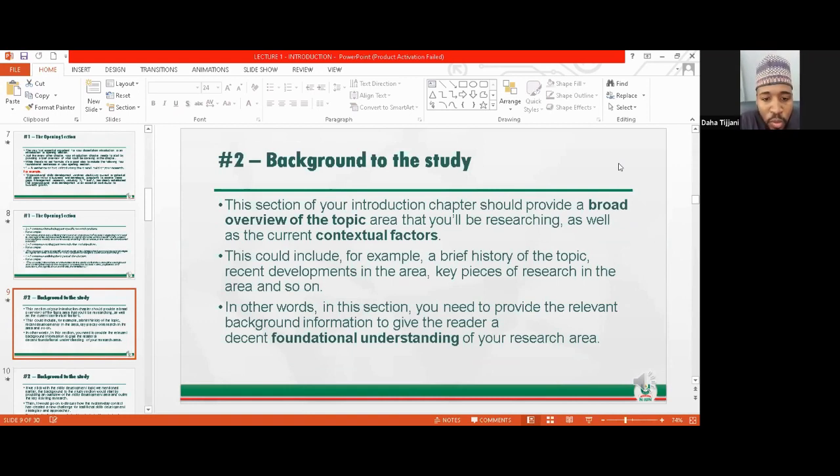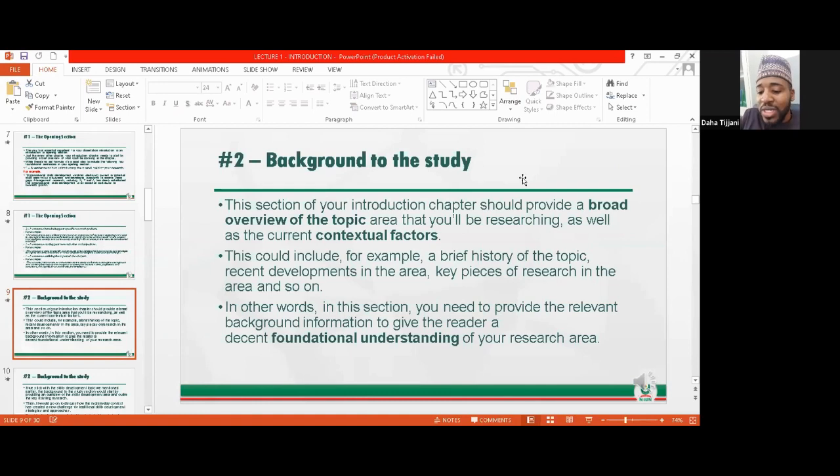This could include, for example, a brief historic aspect of the topic, the recent development in the area, the key pieces of research that have been done in that area. So in other words, in this section, you have to provide relevant background information to give the reader a decent foundational understanding of your research area.